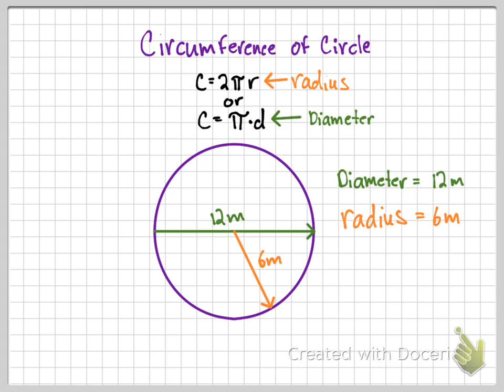Let's say I want to use the first formula, this one right here. That one requires the use of the radius, so I would just use C is equal to 2 times pi times the radius, which is 6. And here I can multiply those two. 2 times 6, that's 12 times pi.